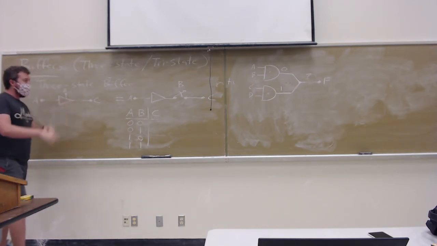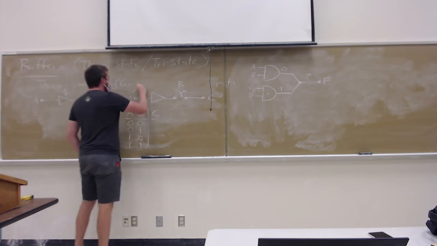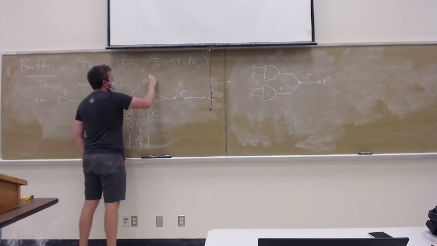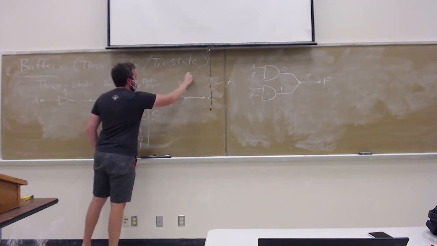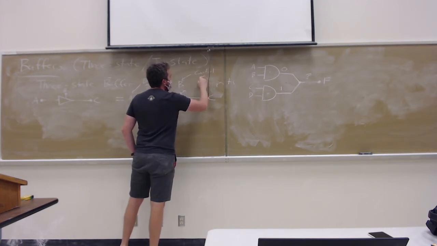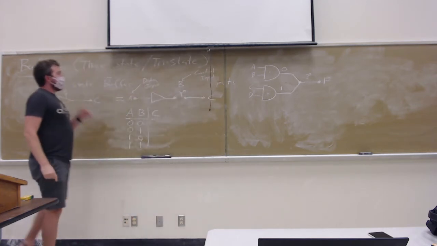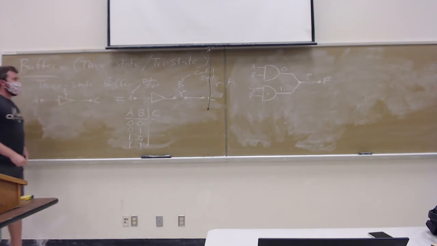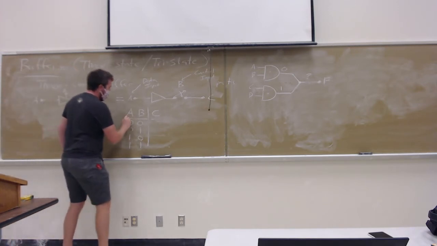Control inputs help us manipulate that stuff. So in this case, A is our data input, and B is our control input. Even if sometimes the distinction seems sort of trivial.